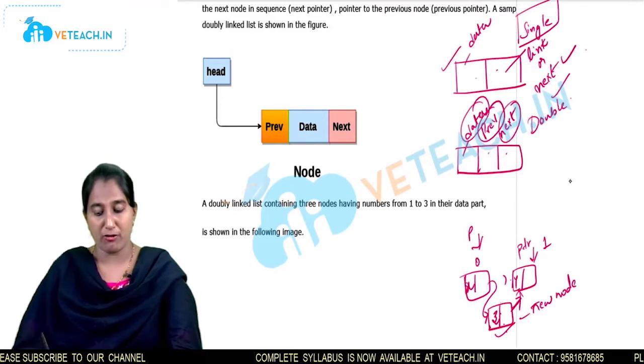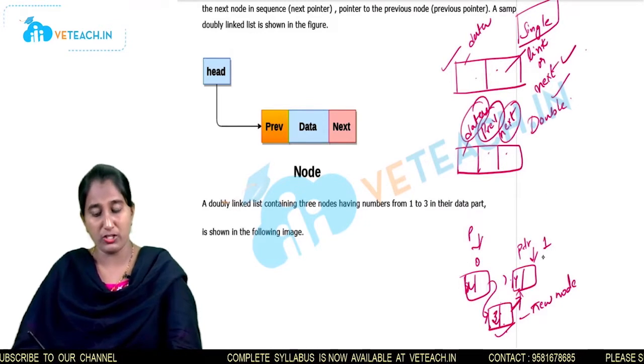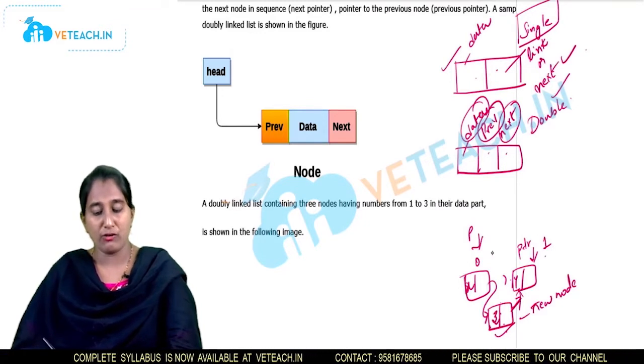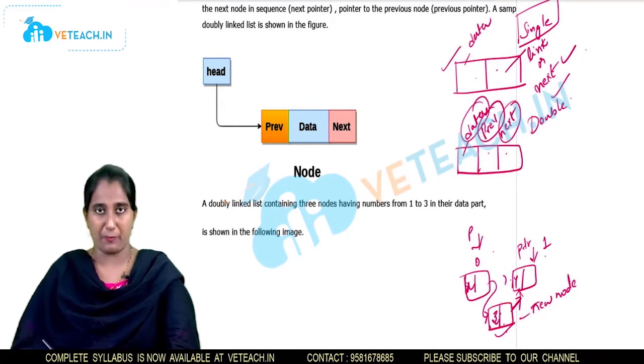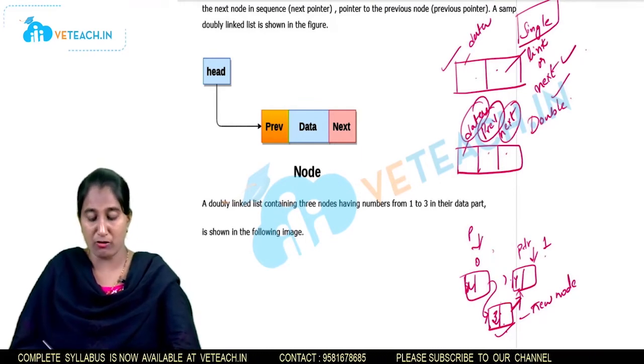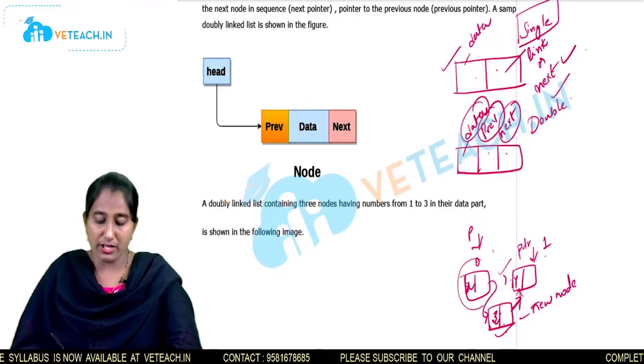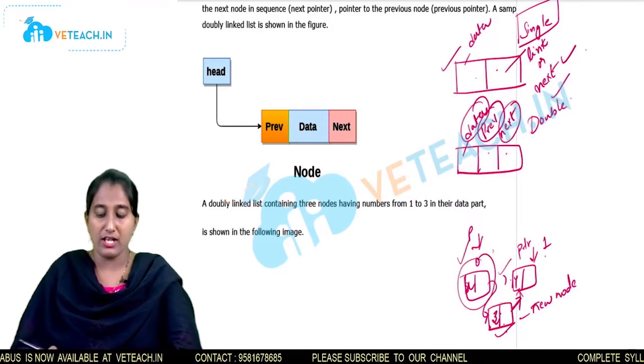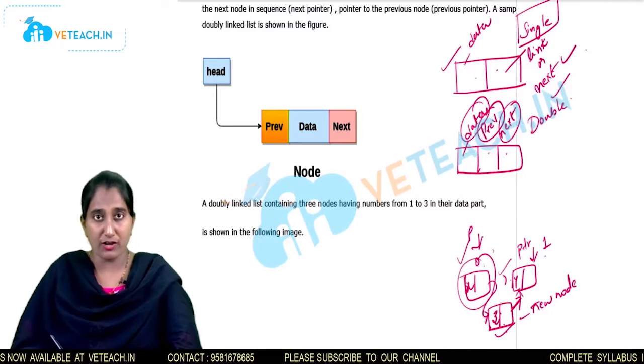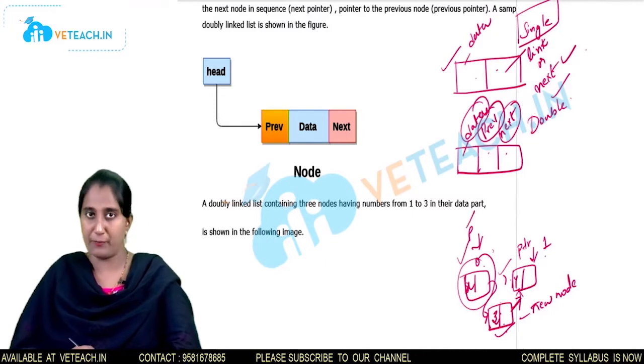Because the back node will be pointed to by another temporary node. Why have we taken Y? In order to update the links, we need to know the name of this node. So in order to get the name, we have taken two temporary pointers.